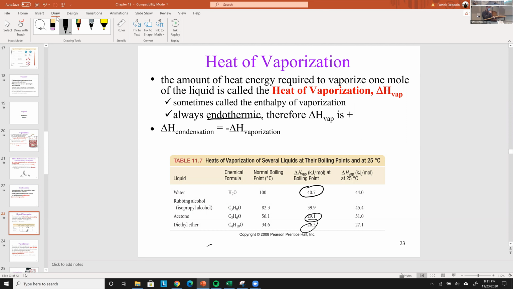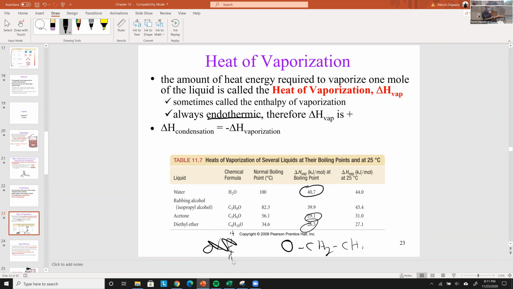Well, not really. Here's diethyl ether, I'll just draw it like this: O, CH2, CH3, then CH2, CH3. It's a little bit more nonpolar than acetone, which is why it has a lower heat of vaporization. Any questions on that?